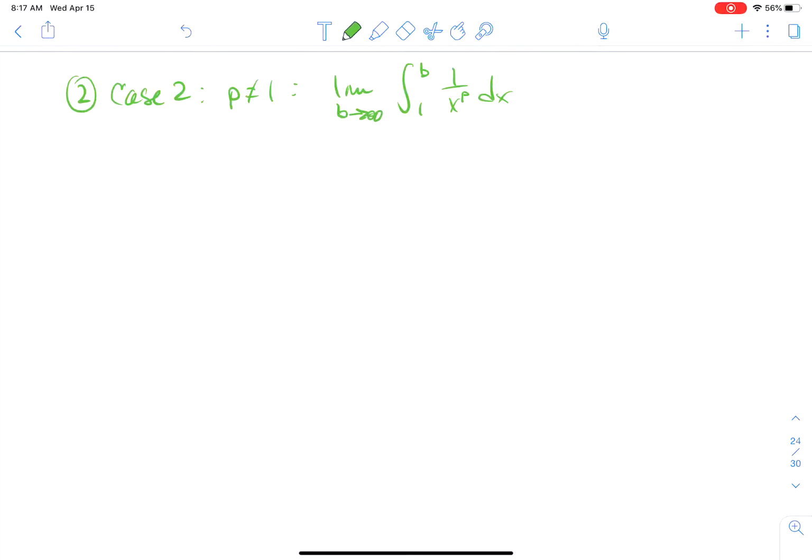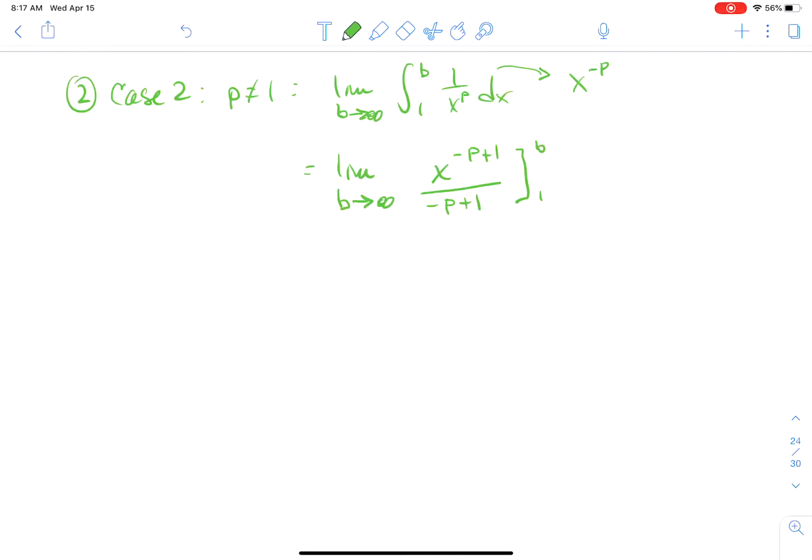Again, we're going to apply the power rule to that for its antiderivative. Maybe I rewrite that as x to the negative p. So I have to add 1 to the exponent and then divide by that new exponent. So it would be x to the negative p plus 1 over negative p plus 1, from 1 to b.